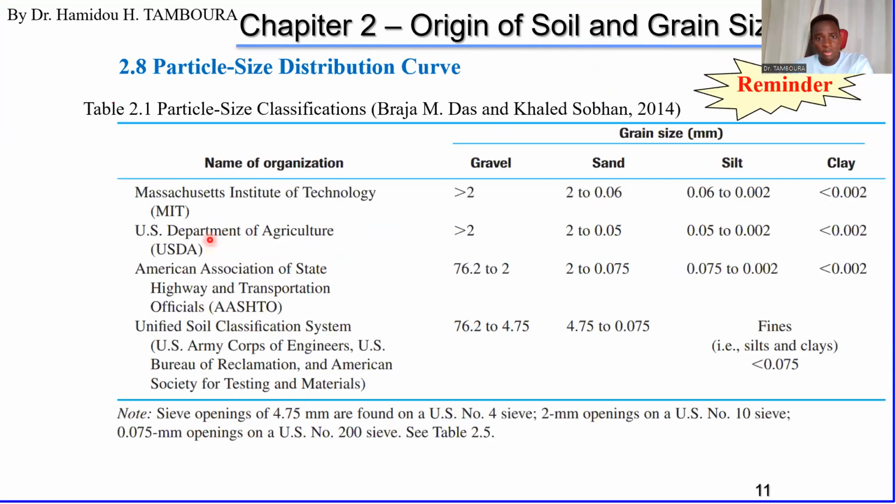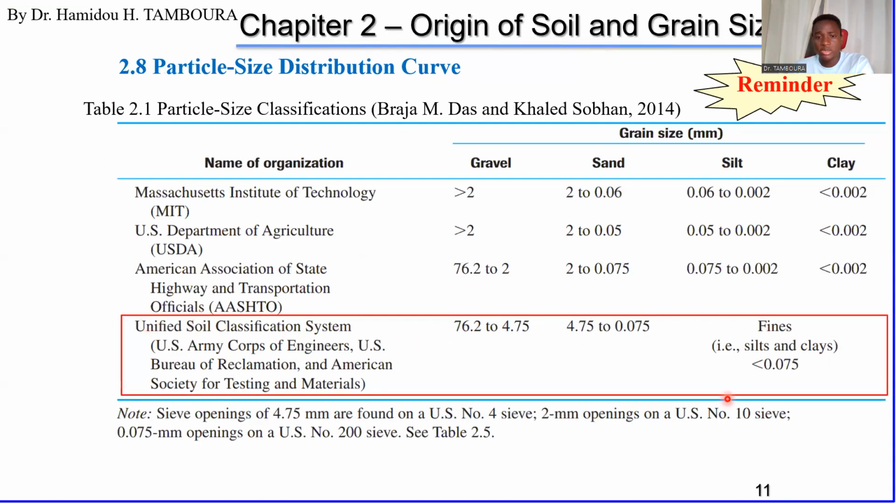We have talked about this also in chapter number 2. And this is the classification we will talk about in this video. Our main topic today is how to classify the soil following this unified soil classification system.